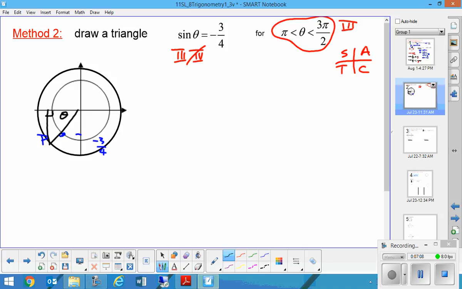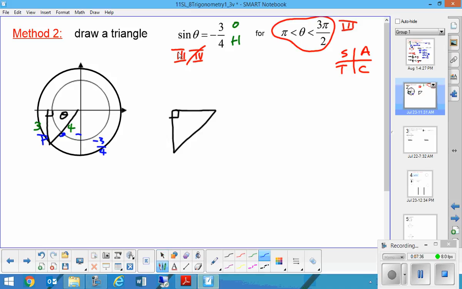And if it's sine, remember, our sine ratio is opposite over hypotenuse. These sides here are negative because we're down there. The opposite side to the angle is here, and the hypotenuse is there. So we could just be thinking about a triangle. I'll draw it out here so it's a bit easier to see.